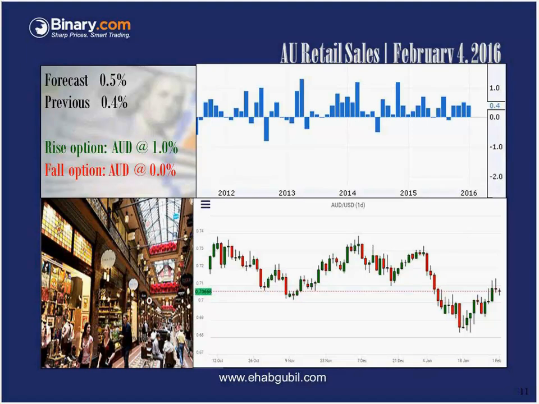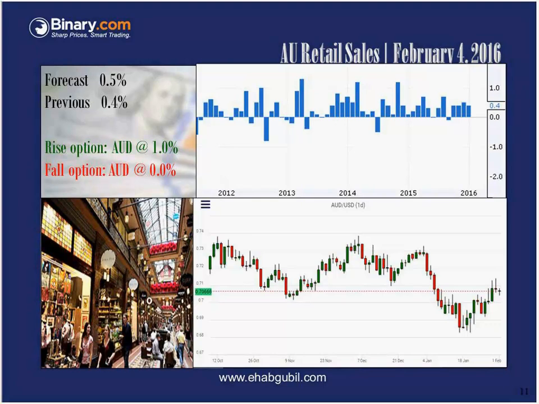It's forecasted at 0.5%, near the previous release of 0.4%. How to trade this news?